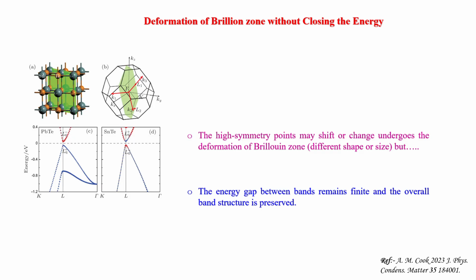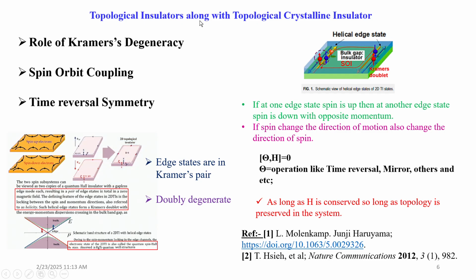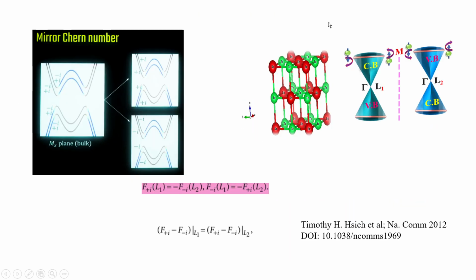So as long as the band structure is preserved, the topology remains intact in the system. High symmetry points shift, and similarly the band diagram changes, but the energy gap remains finite in the band diagram.